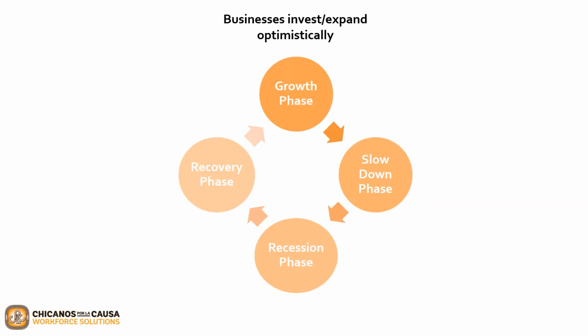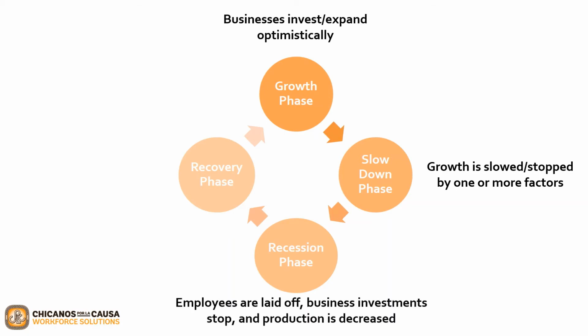Phase 2 is the slowdown phase, where the growth from phase 1 is slowed and or stopped by one or more factors, such as limited resources, production limitations, minimal staff, etc. This takes us to phase 3, the recession or depression phase, the point in the cycle in which employees are laid off, business investments are stopped, and production is decreased. This is typically where consumer spending decreases as well.